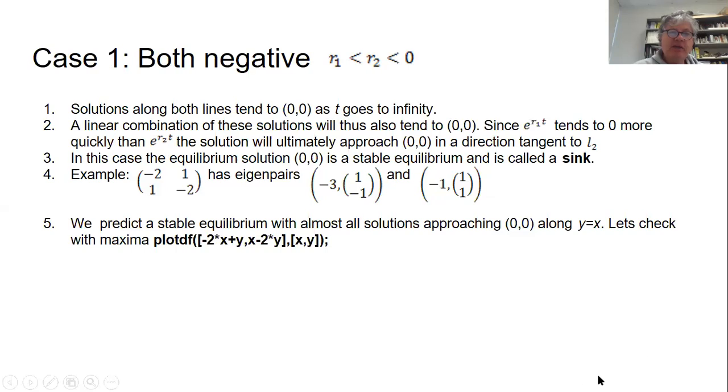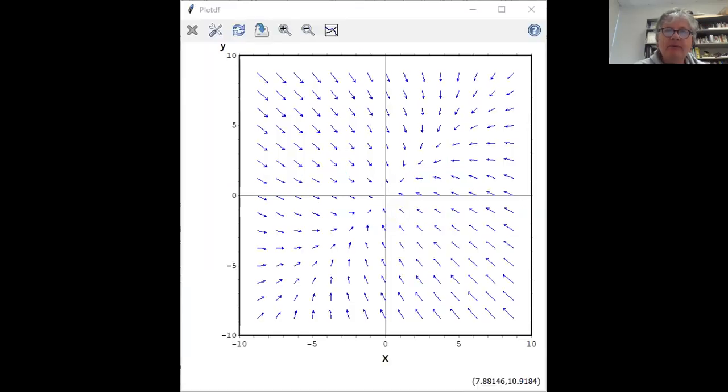Okay, so we're going to check that by looking at Maxima. And so here is our phase plane, and you can see quite distinctly the line y equals x and the line y equals minus x, where the two eigenvectors are.